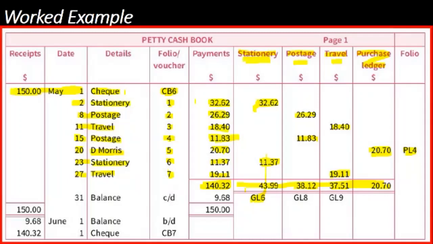And similarly here, page 8 is where we will find our postage account in the general ledger. Page 9 is where we will find the travel account in the general ledger. Okay, and that would bring us to the end of the recording and analyzing part of your petty cash thing.